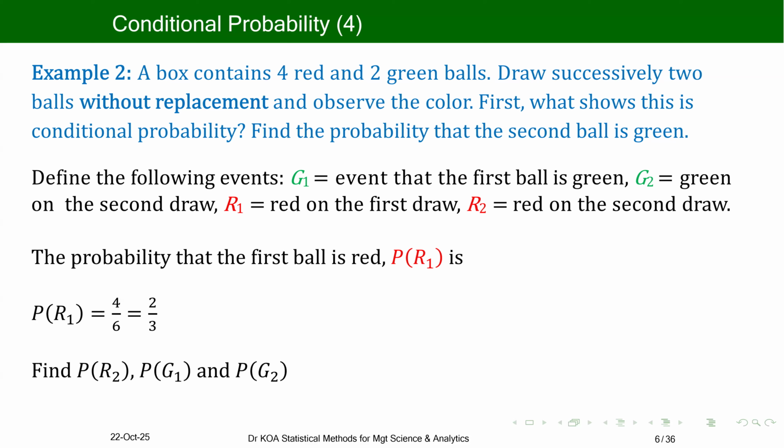Then the next one is to find the probability that the second ball is red. How would you work that one? Well, that's fairly simple. Why? Because the probability of a red ball on the second draw is going to be 4/6.